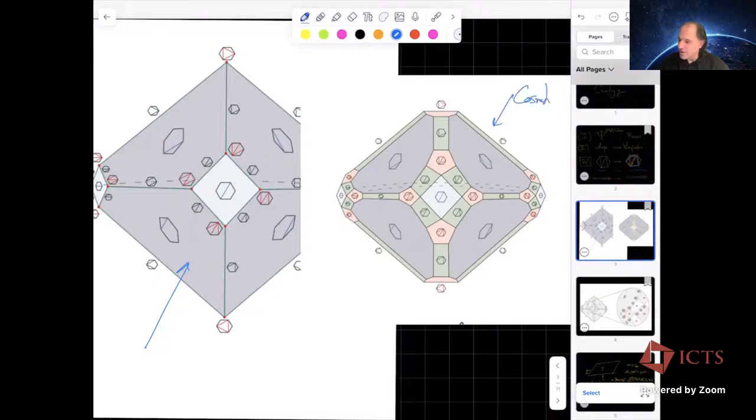So this is the cosmohedron in this case. This edge got turned into a face. This vertex got turned into a face. The thing that used to be a face before is a face again. Every one of these things got turned into a face.